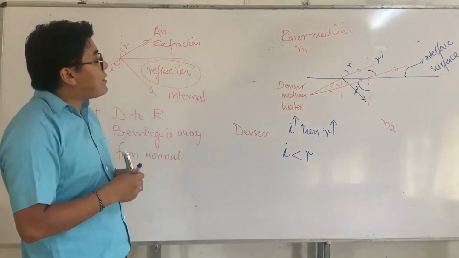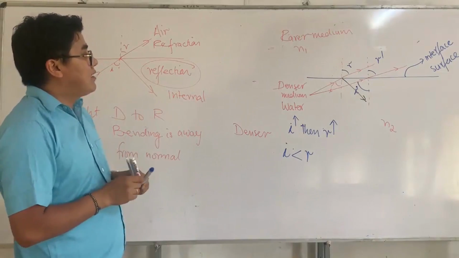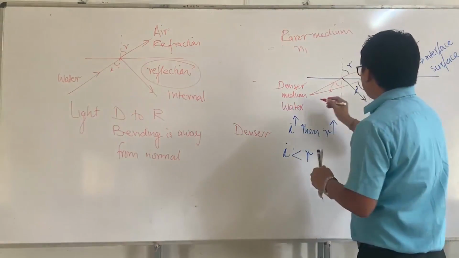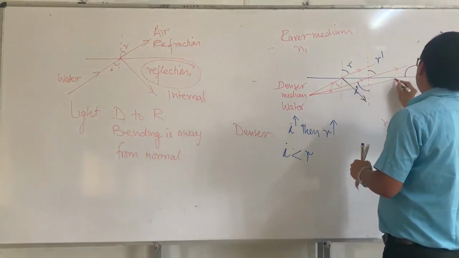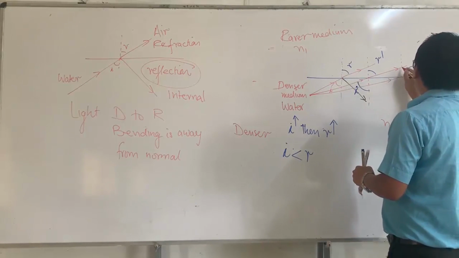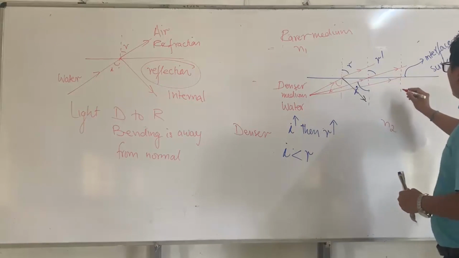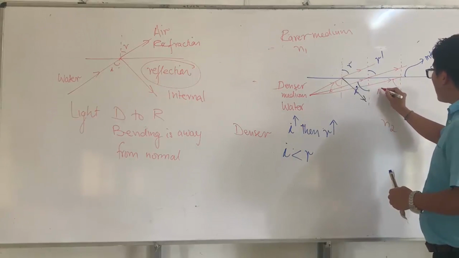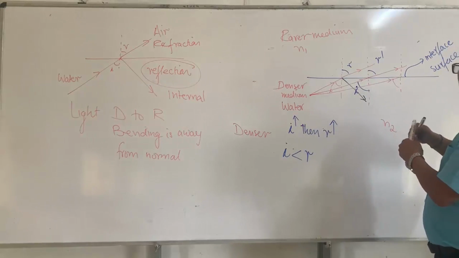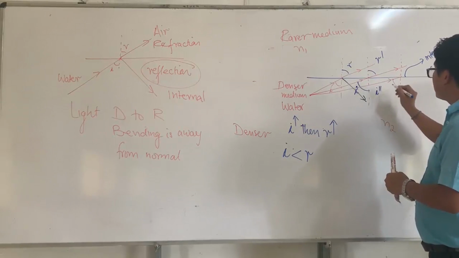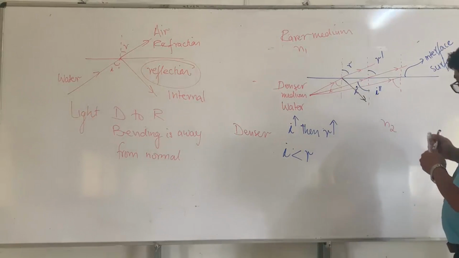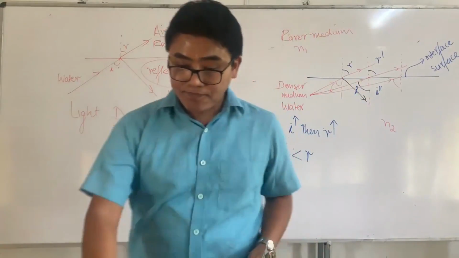So R prime is more than R. Now again I set a light with angle of incidence more than I prime. Let's say I double prime.